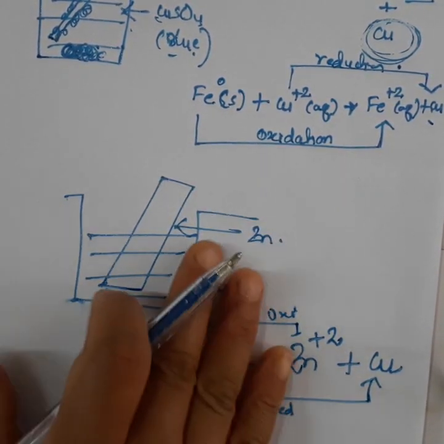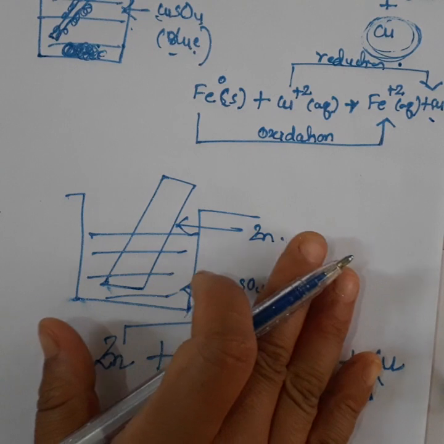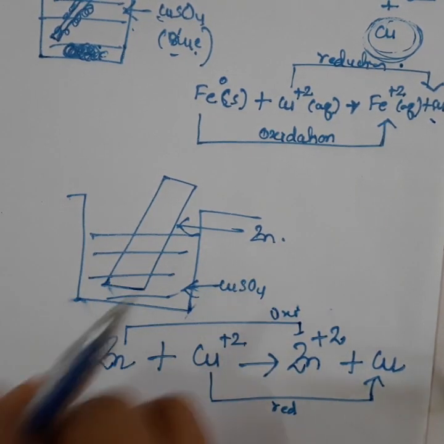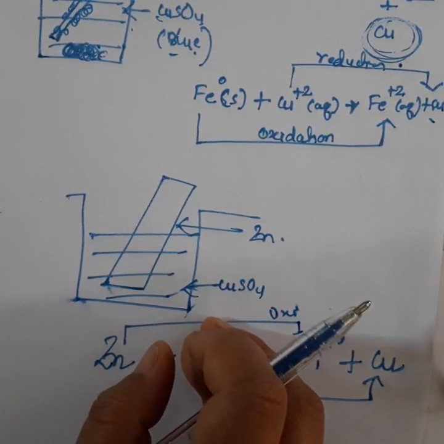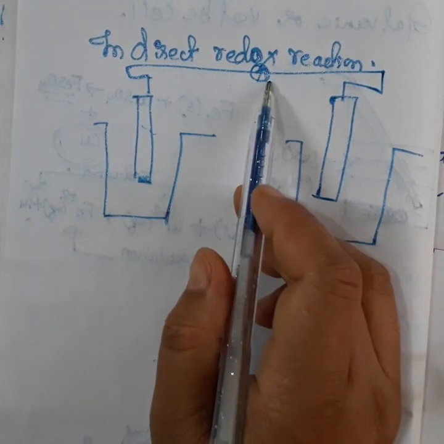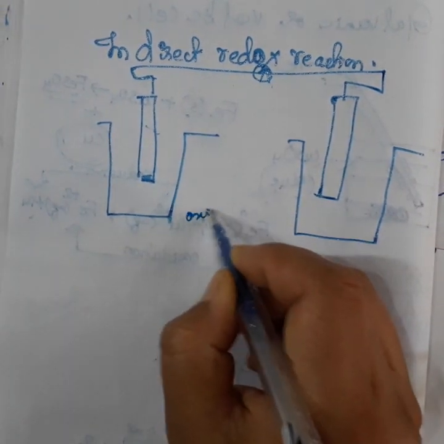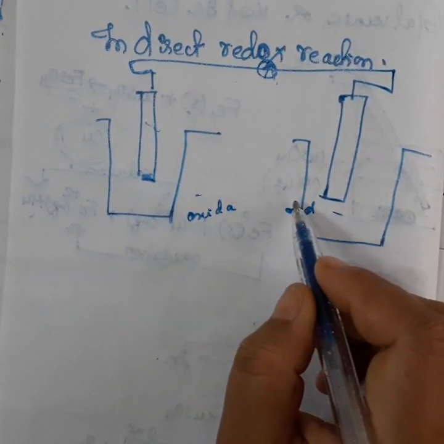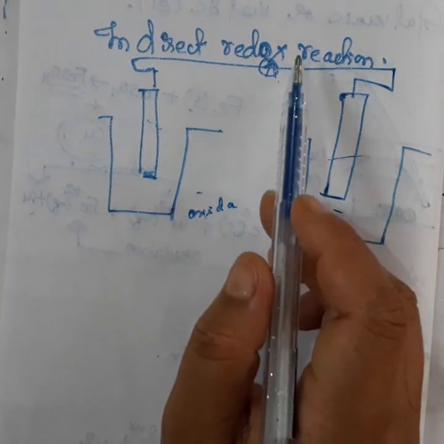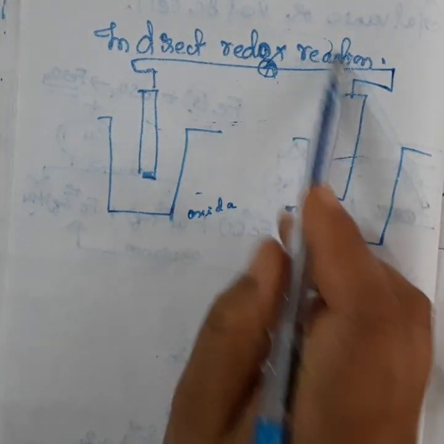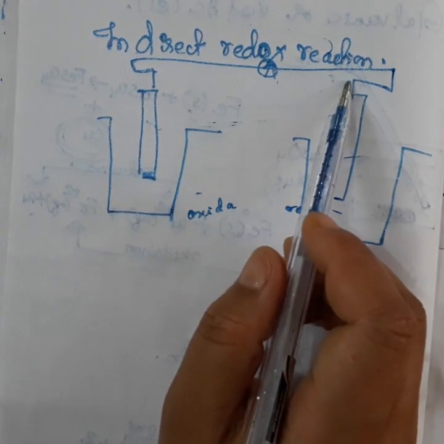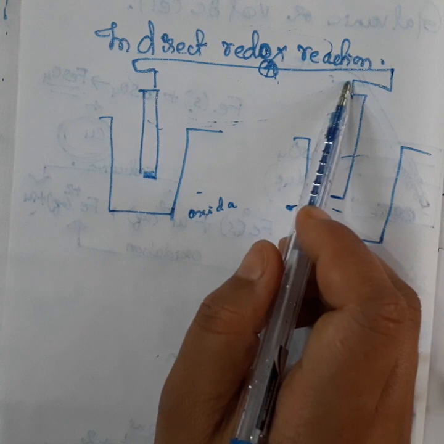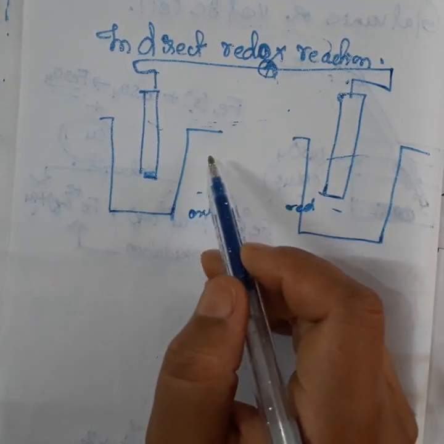In an indirect redox reaction, oxidation and reduction take place in different vessels, and it is because of this that the chemical energy from the redox reaction is converted into electrical energy in the electrochemical cell.